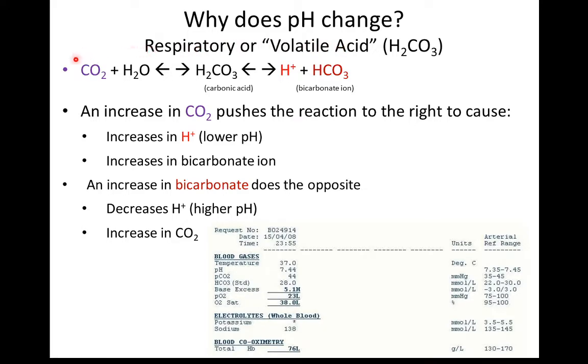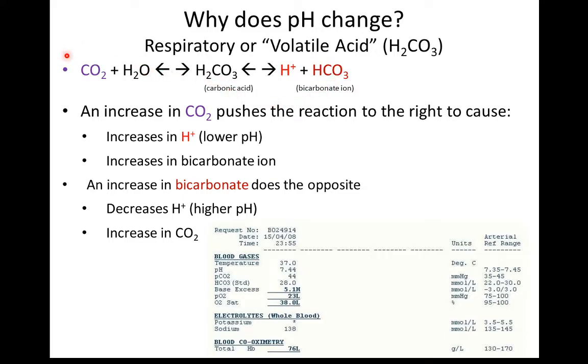This chemical equation shows you the interchange between carbonic acid, hydrogen, and bicarbonate. The goal is to achieve a balance between carbonic acid and bicarb.